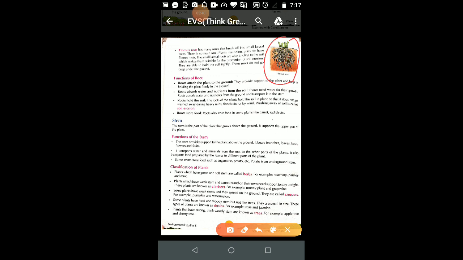And after that we discussed that roots absorb water and minerals from the soil, and roots transport this water and minerals to the stem, and then the stem transports them to other parts of the plant.